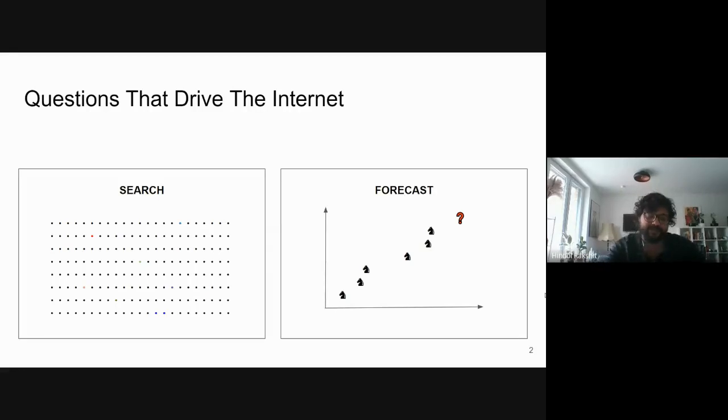So in the industry, data science related problems can mostly be divided into two groups. One group of questions are related to search. Another group of questions are related to forecasting. Now, search is something that a lot of us are familiar with. Let's say if you have a question and you go to Google and you make a search, that's a search problem, but that's not it.